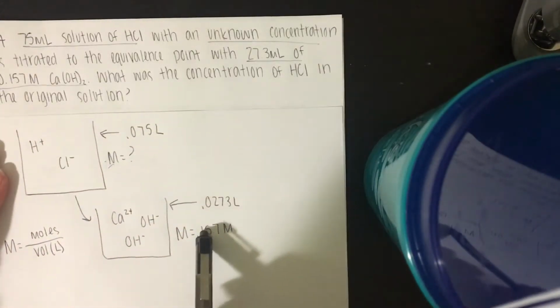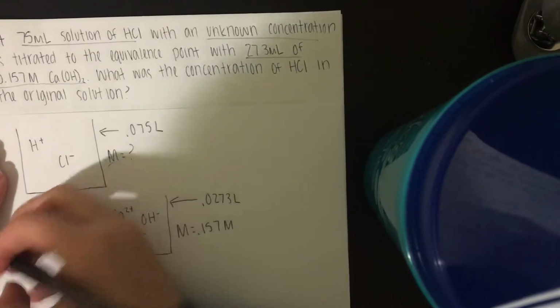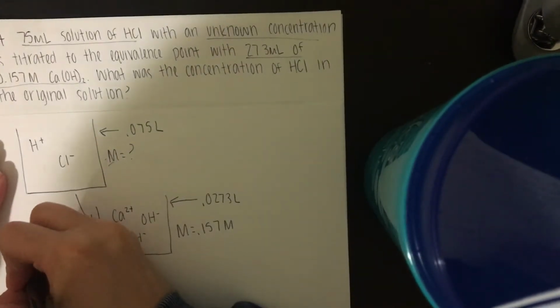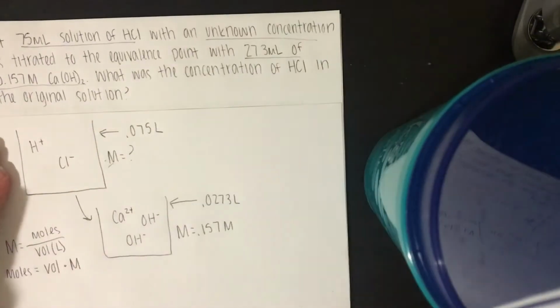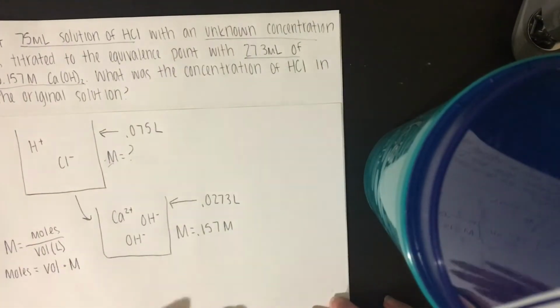To figure out the moles of this, moles is equal to the volume times the concentration, just by rearranging the equation.